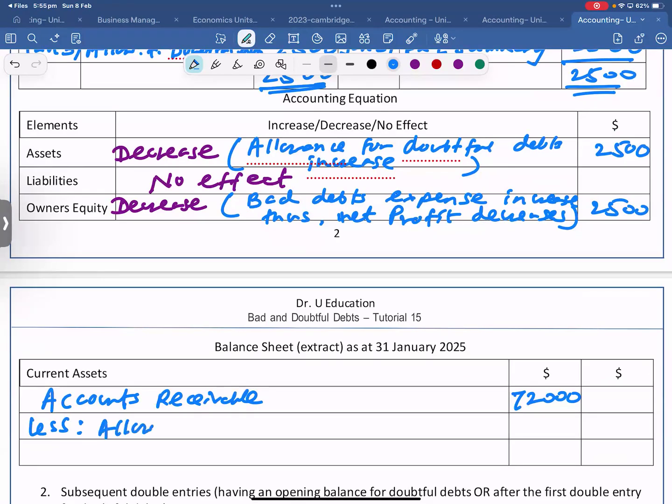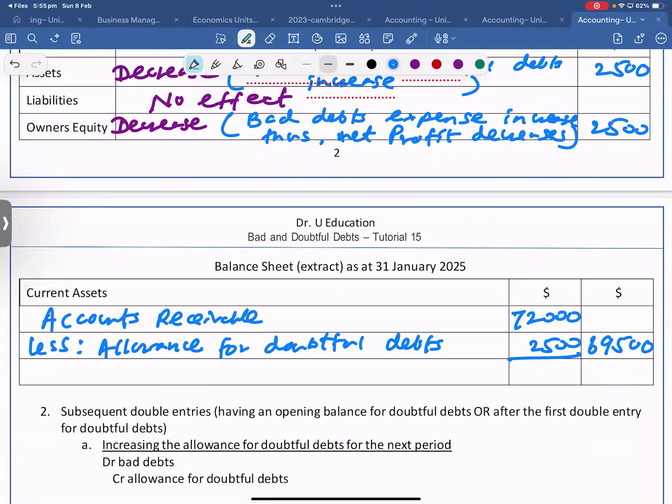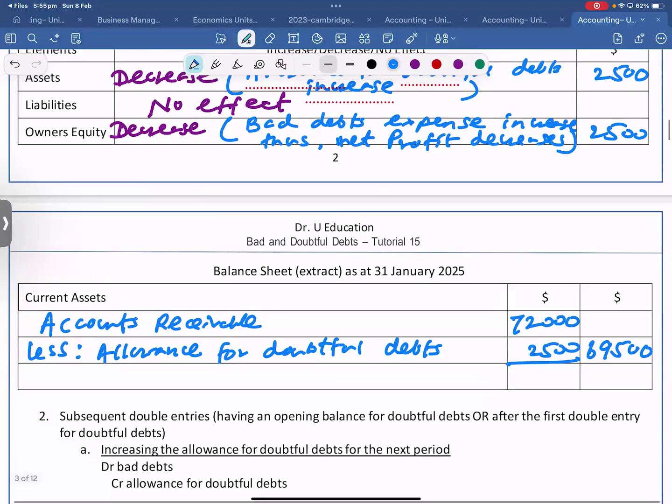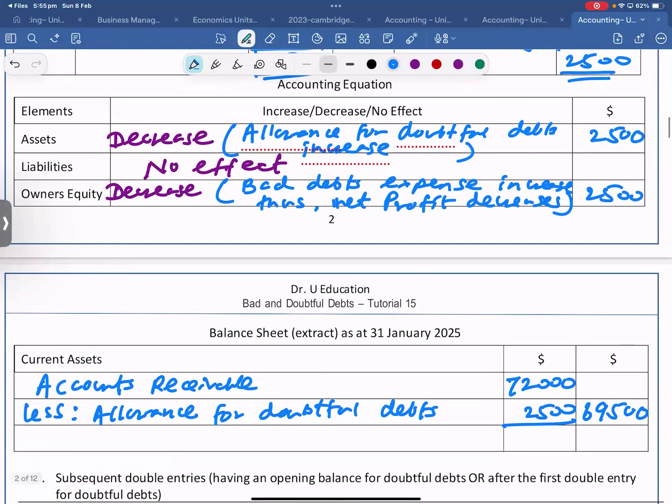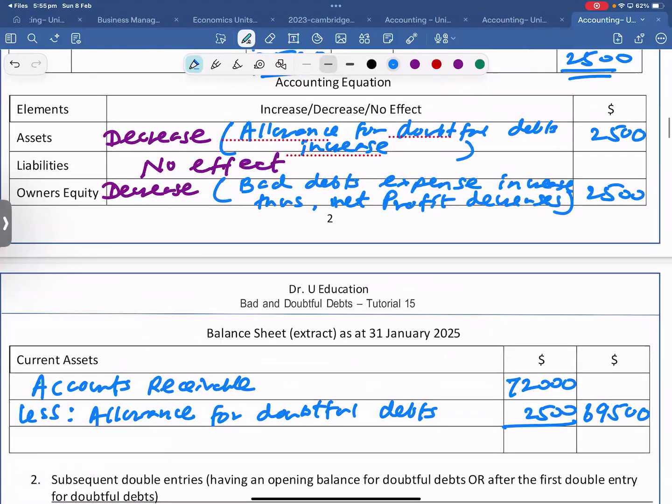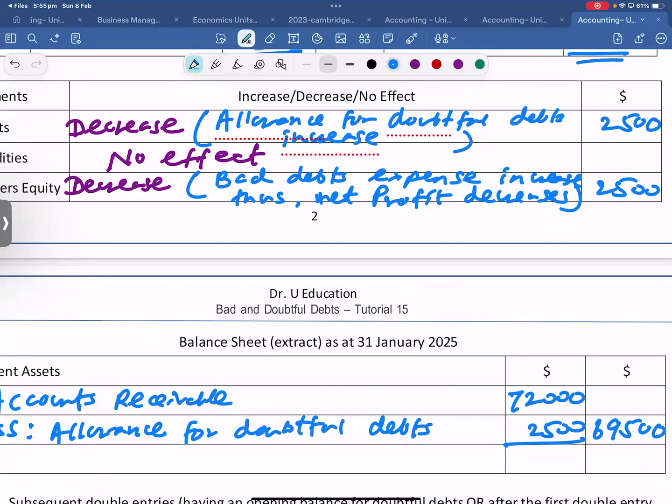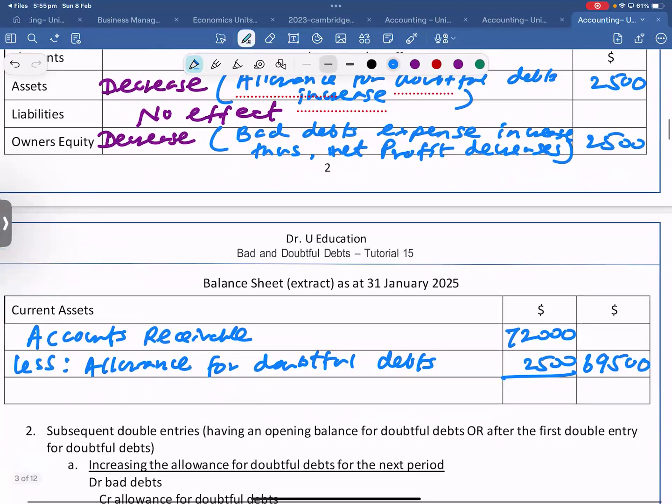Allowance for doubtful debts, 2,500. Expense increases, bad debts expense increases. Then we get 69,500.